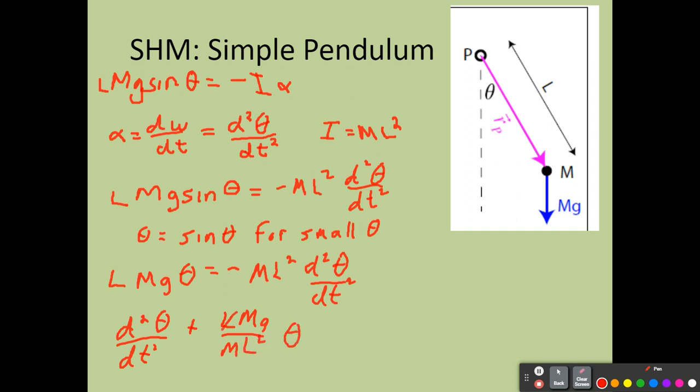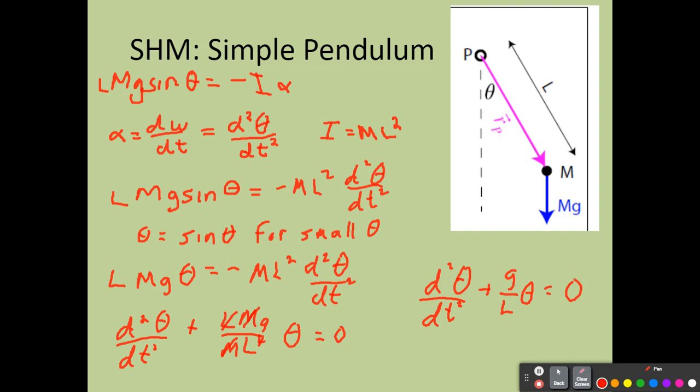We got some L's that are canceling, m that's canceling, that equals 0. So then my ultimate equation is going to be this. Second derivative with respect to time plus g over L theta is equal to 0.